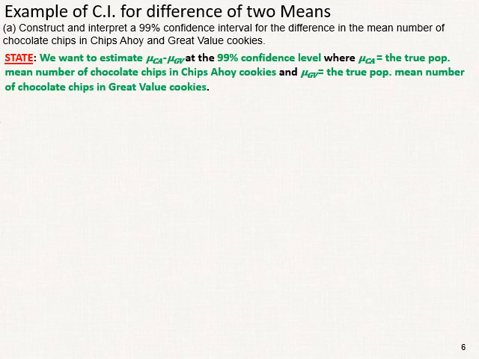So mu sub CA is the true population mean number of chocolate chips in Chips Ahoy cookies. And mu sub GV is the true population mean number of chocolate chips in Great Value cookies. All right, so say what you're estimating, say what confidence level, and also make sure that you're explaining what symbol you use. And you have to set up which way you're subtracting the data.